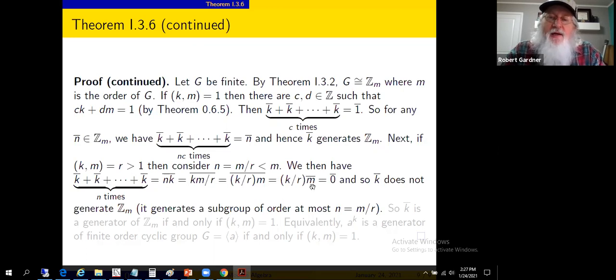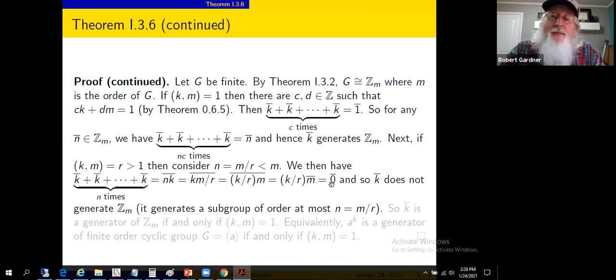So we're taking copies of m bar, and from this, we get 0 bar. Momentarily stunned, we get 0 bar, because we're working modulo m. Okay, so m bar is 0 bar.